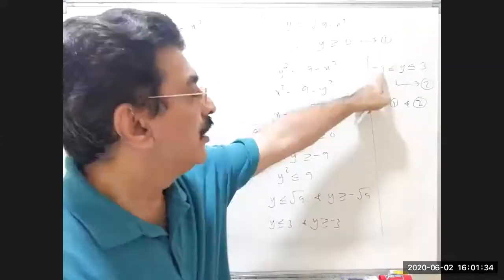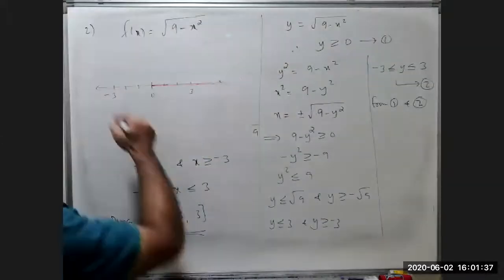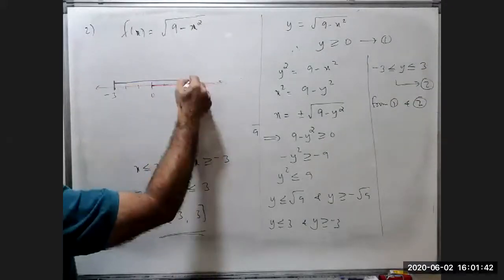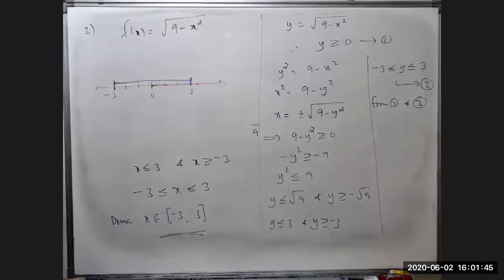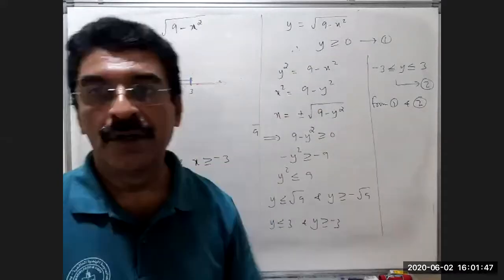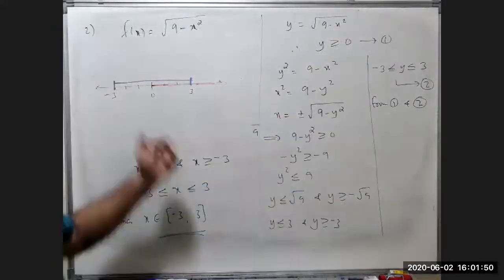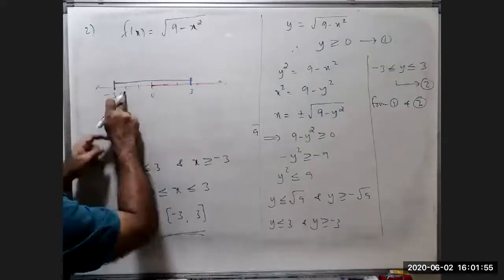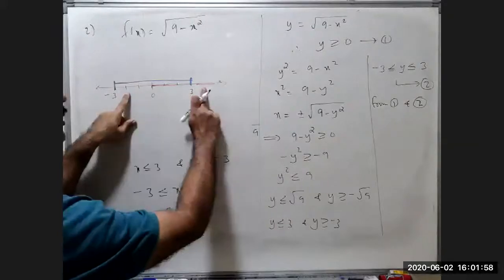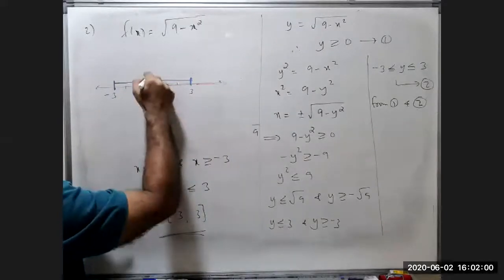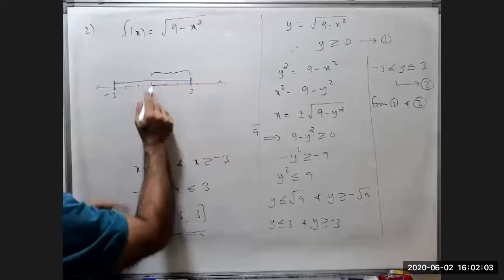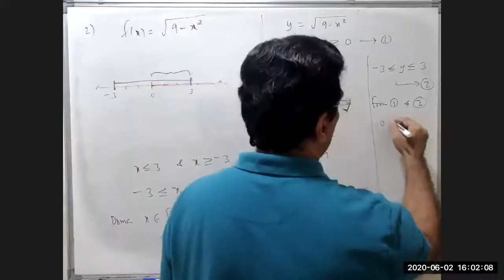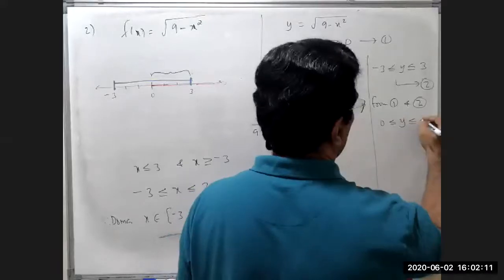The second condition is from minus 3 to 3. These are the two conditions we got. From 1 and 2, which are the possible values of y satisfying both? Can it be here? No, here condition 1 is not satisfied. So you can see only in this part it is common, 0 to 3. So from 1 and 2, 0 less than or equal to y less than or equal to 3.